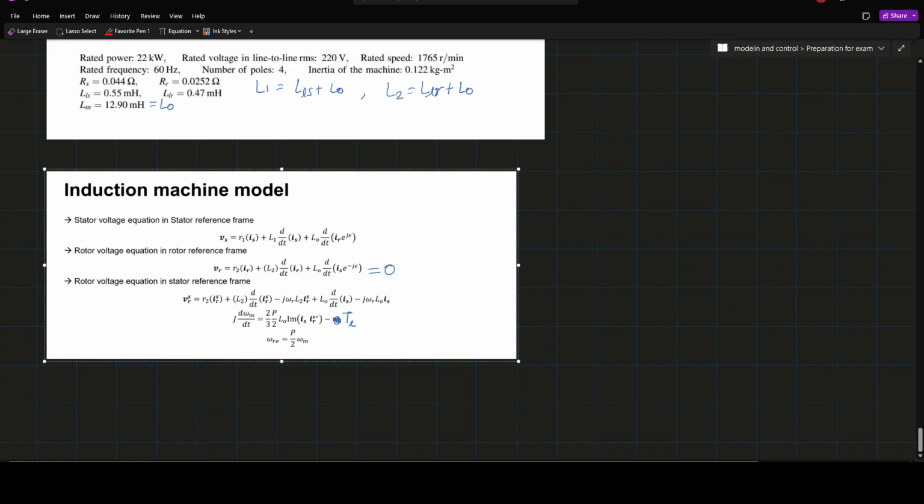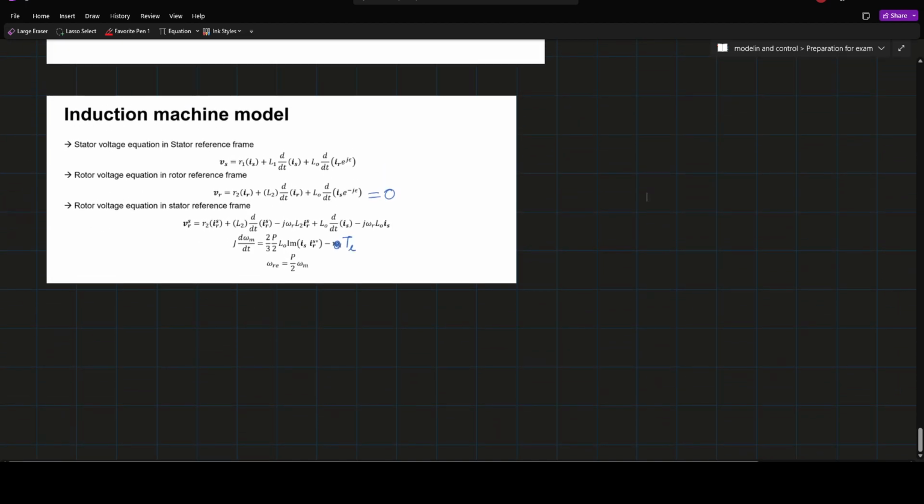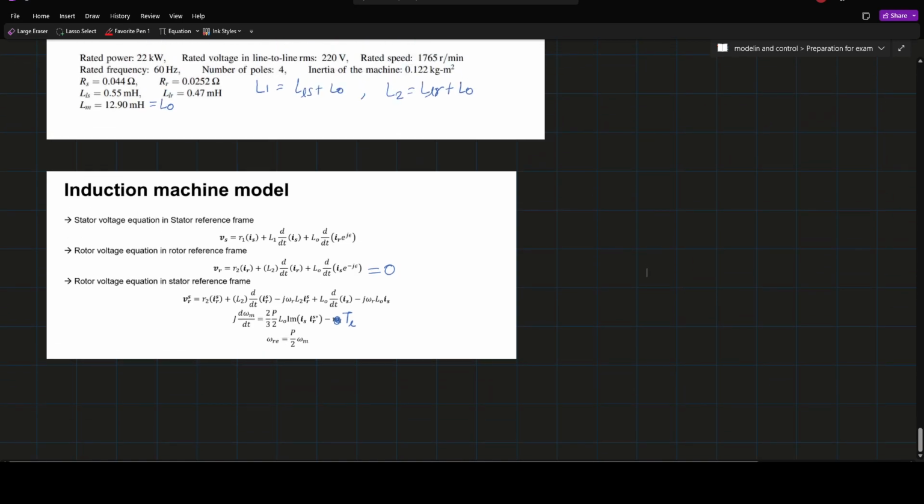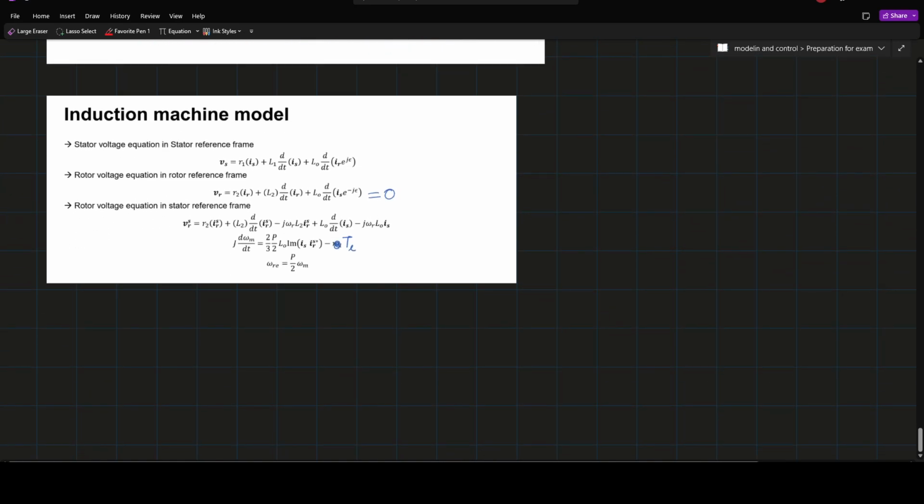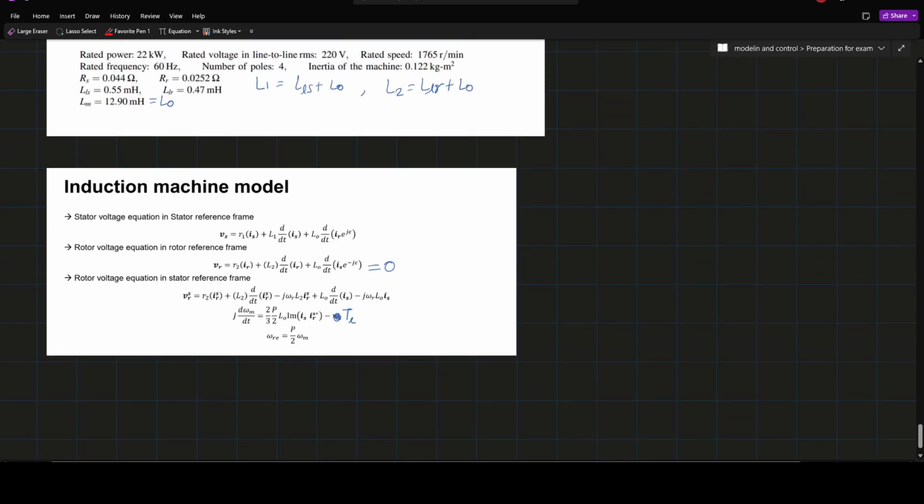So in the two previous videos, we figured out the voltage equations for our stator and rotor in our stator reference frame, an equation to find our mechanical speed when we use our power, and also we figured out that we have our electrical speed. If we want our electrical speed, we just need to multiply by the number of poles over 2.